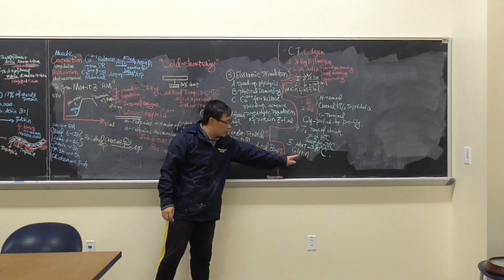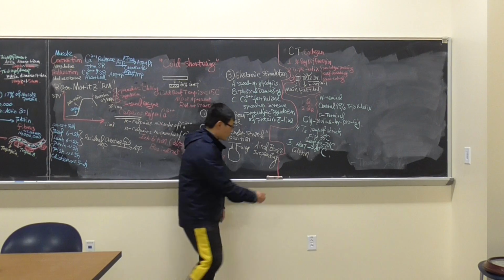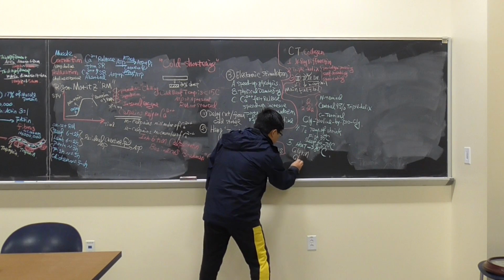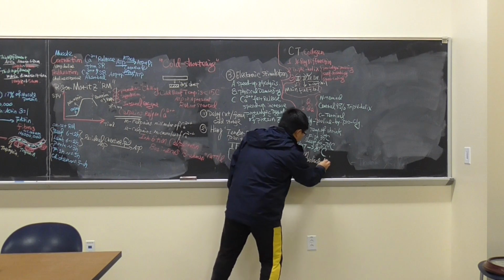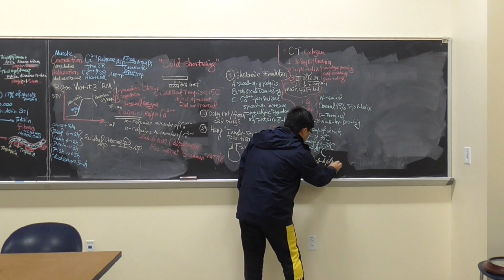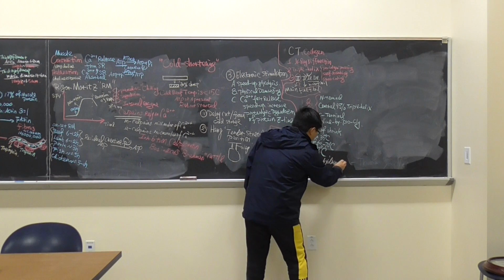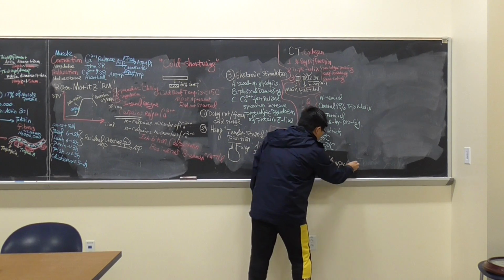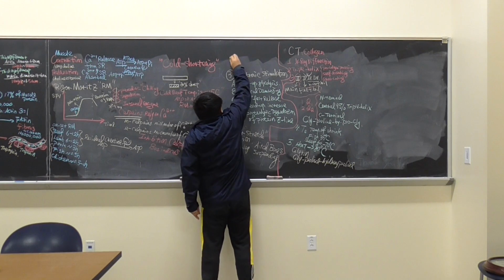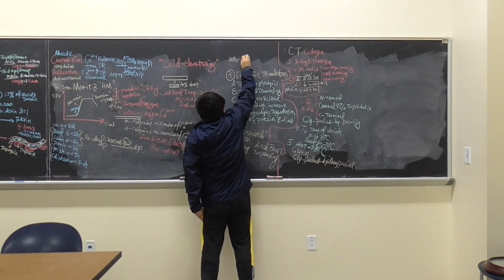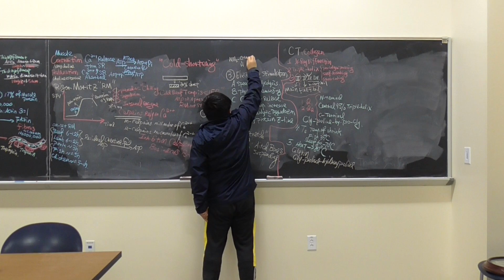Now, what is the amino acid sequence of gelatin? Glycine, proline, and hydroxyproline. So simple. What does it look like? Do you still remember what proline looks like?